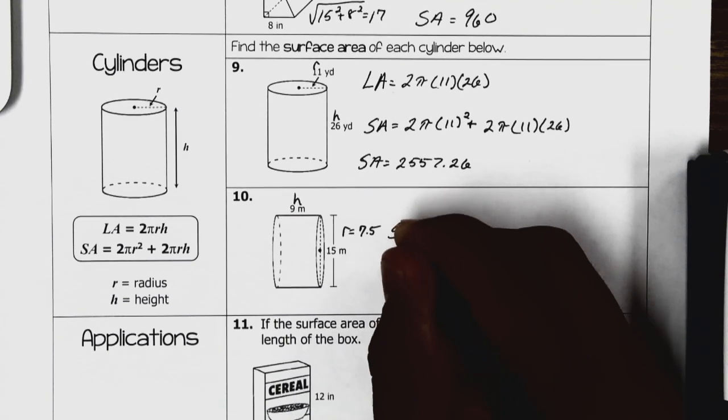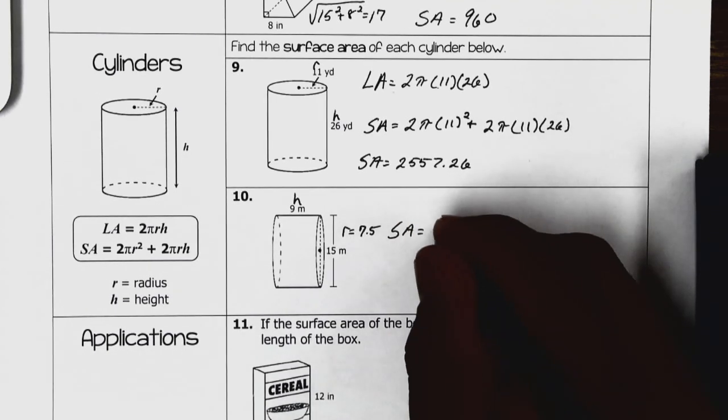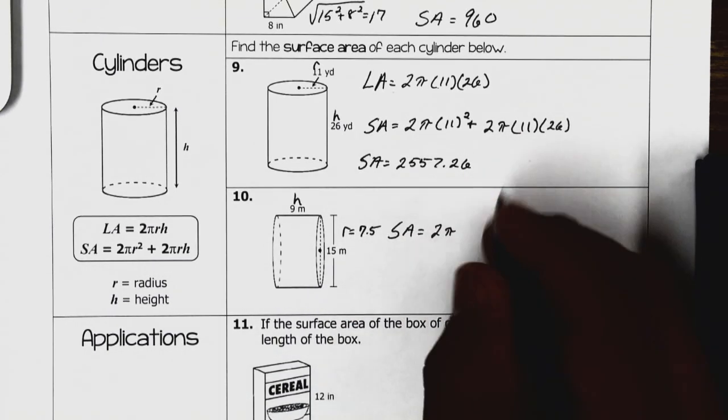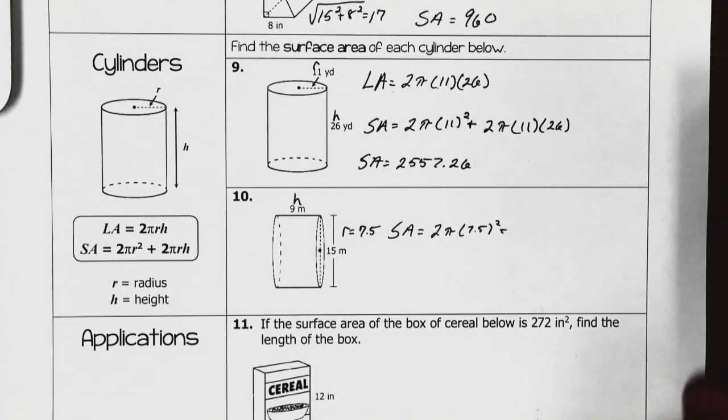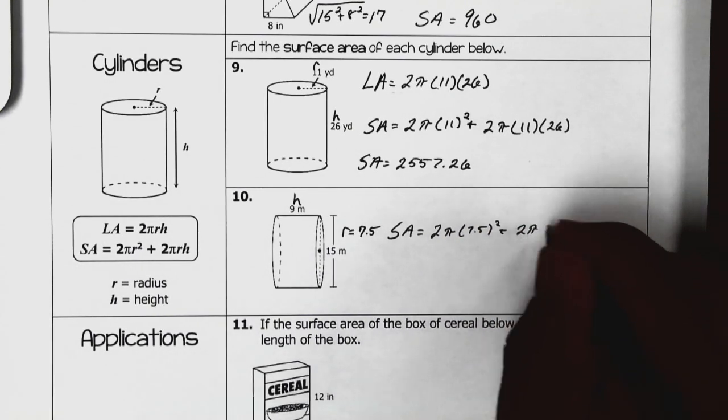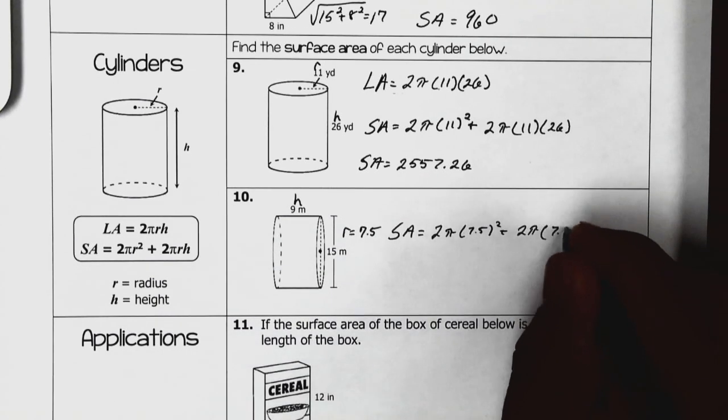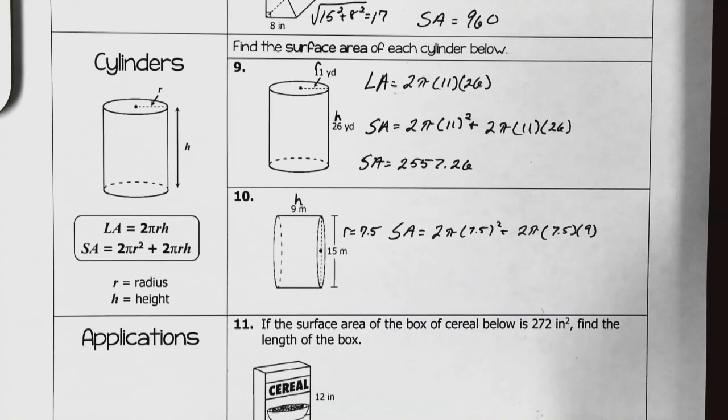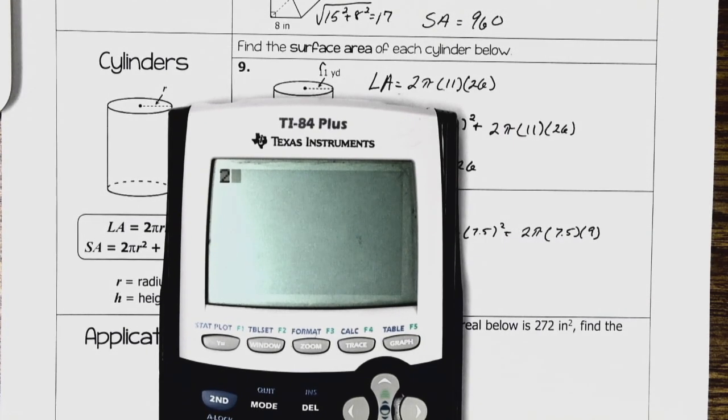So surface area equals 2 pi times 7.5 squared plus 2 pi times 7.5 times 9.